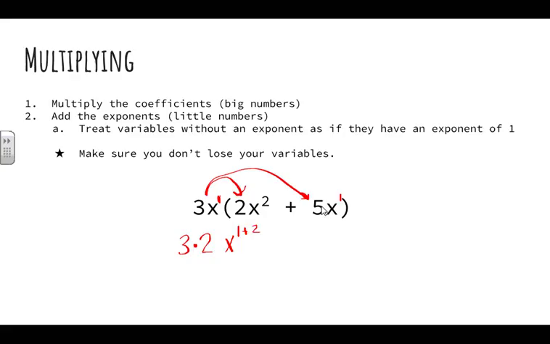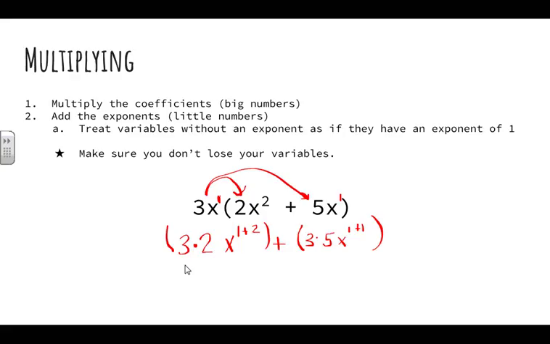Now, you don't have to write this out once you get the hang of it. I'm just showing you why it works. Plus, then we have 3x to the first times 5x to the first. So we would do 3 times 5, x to the 1 plus 1. So that's what you're doing.